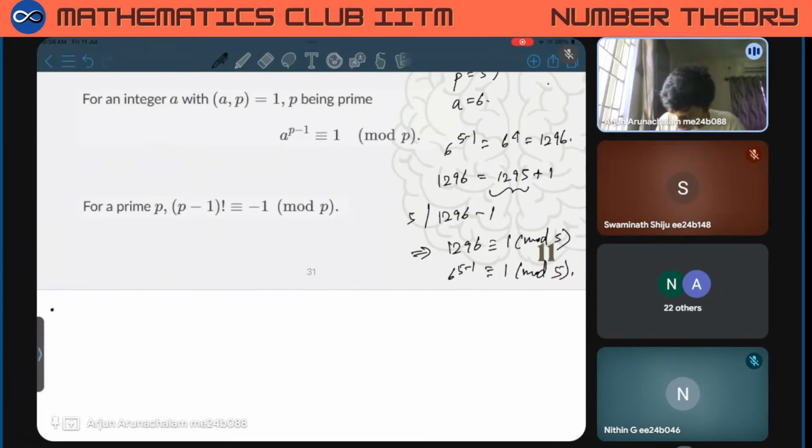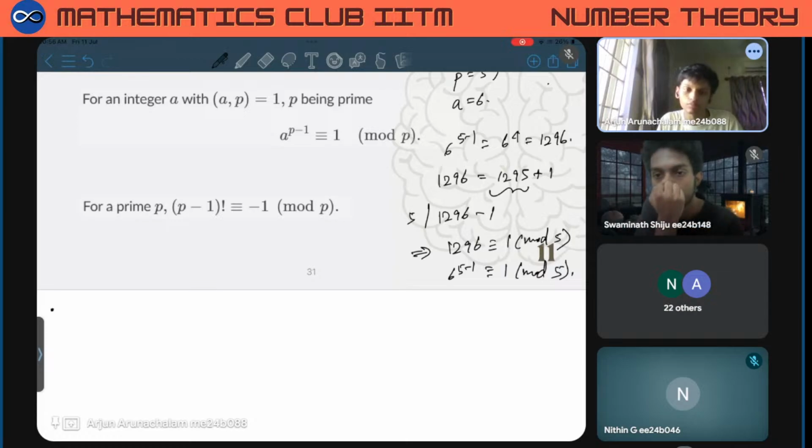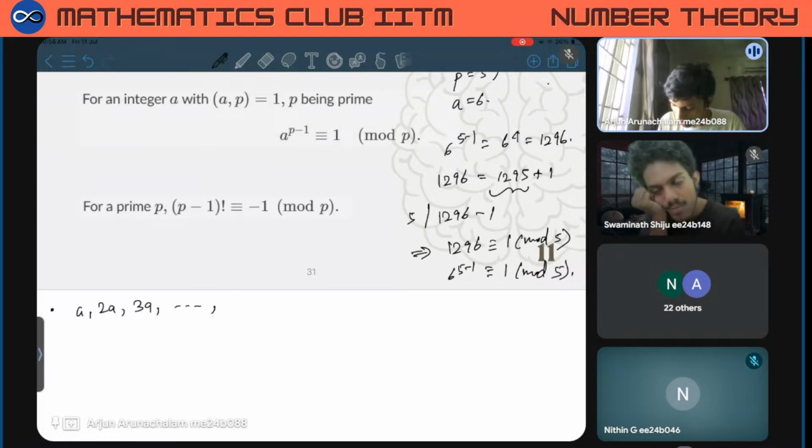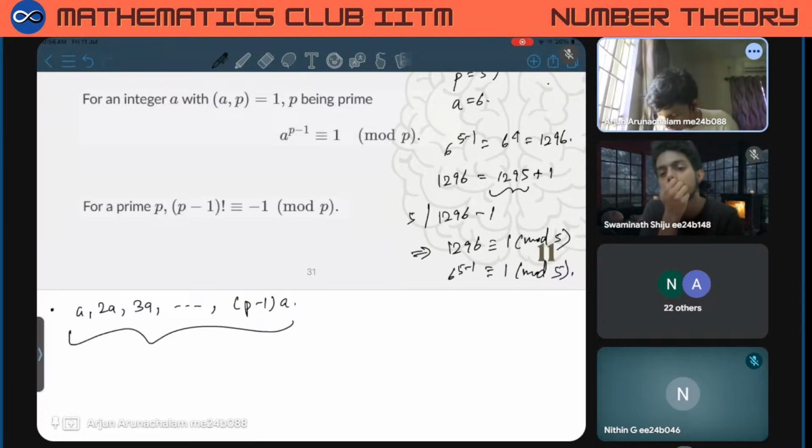So you have now, let's say, a, 2a, 3a and so on up to p minus 1 into a. Now each of these is congruent to ri mod p, let's say. So now I'll define something called a residue class.